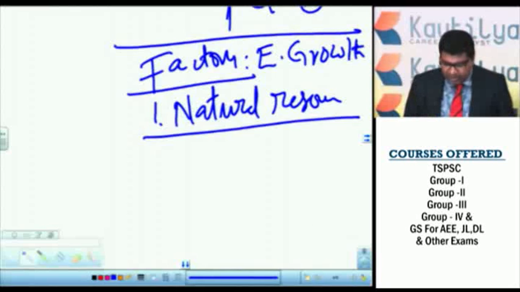Natural resources such as land, water, sun rays, temperature, availability of mines, minerals, etc. So the more the availability of mineral resources and land, growth may automatically improve, according to the famous economist Adam Smith.